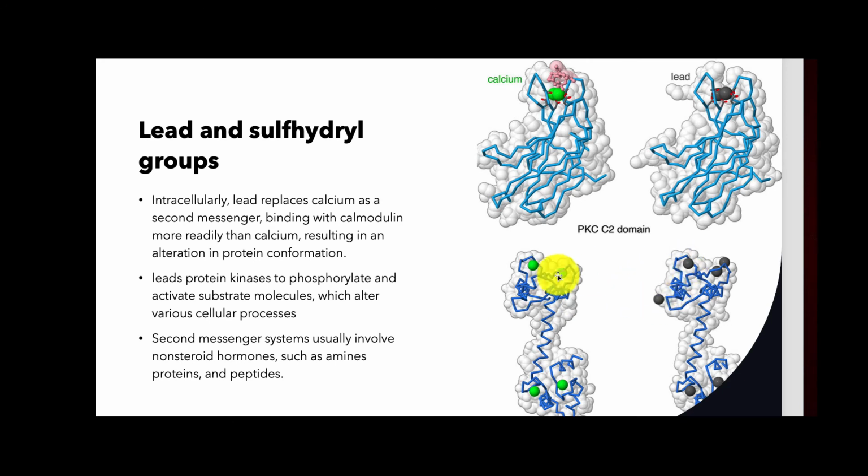Here lead is black, here calcium is green, and you can see that they bind to the same domains. So this can impact calcium function, whether calcium is active or inactive, because we do have a lot of inactivated calcium in our body, and this can also impact secondary messengers and cellular signaling. So that's all I wanted to talk about with that.